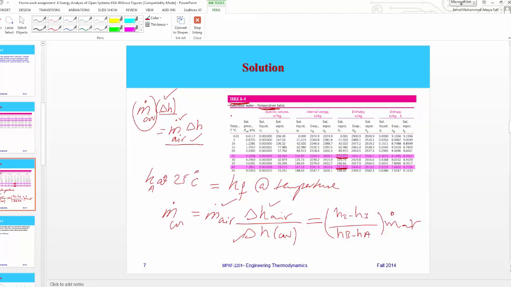If you do this, you will find that the mass flow rate for the cold water will equal, I can write the whole thing now so you know, 400.98 minus 350.49.